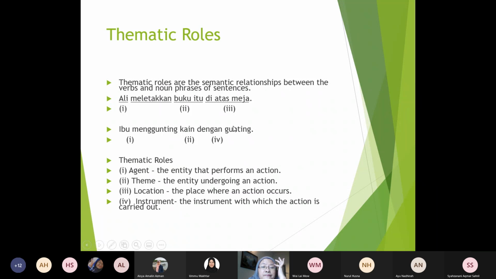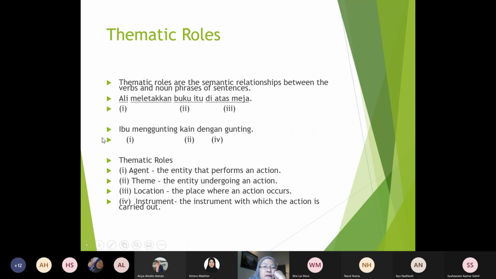The instrument relation. So when we listen to a sentence or when we read the sentence, the way we understand the sentence is by knowing that Ali is the doer, buku is the theme or the patient receiving the action of putting, and then this is the location.